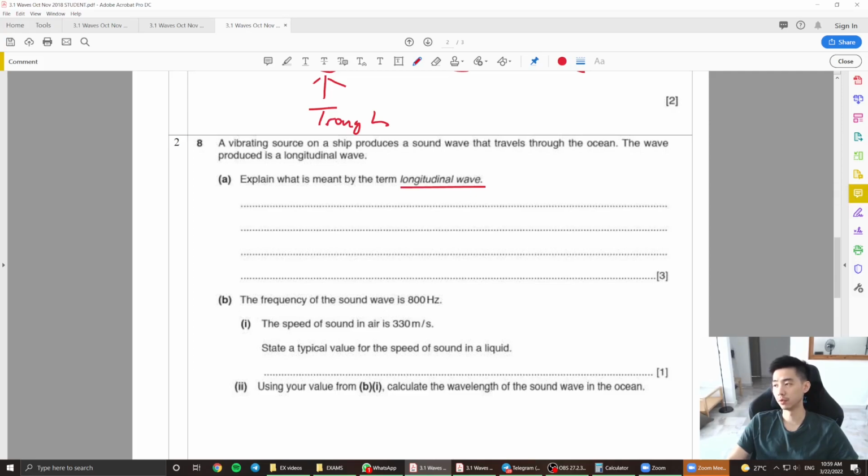Now in your exam, if you are asked about a longitudinal wave, first and foremost you must define a longitudinal wave. Longitudinal waves have vibration parallel to the propagation of the wave.